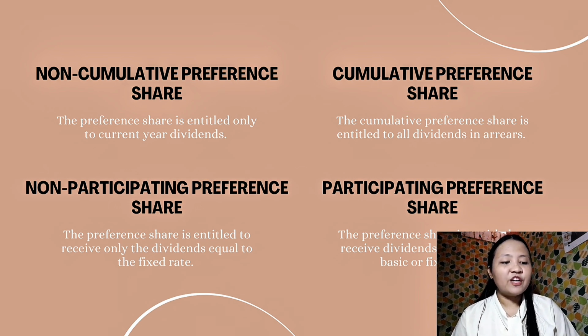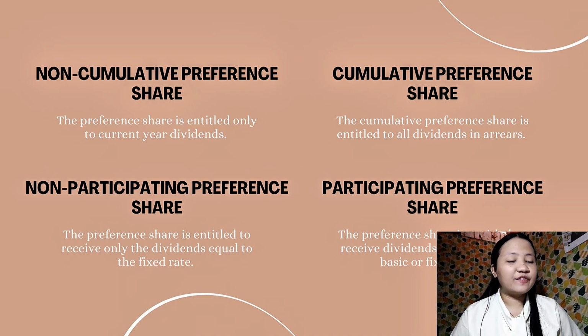But if the preference share is cumulative, on the other hand, the share is entitled to all dividends in arrears, so it is entitled to all undeclared dividends from the previous years. So murag binalis dyan no. Bisan pag wa gi-declare sa company ang dividends pag 2021, for example, and then in year 2022, kung nag-declare, the preference share is still entitled to the undeclared dividends from 2021.